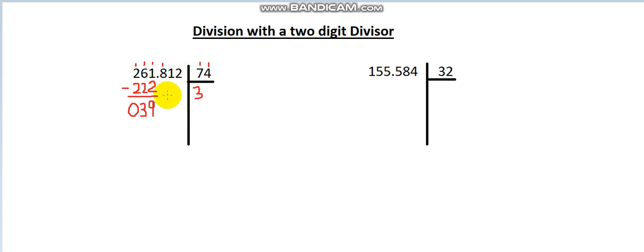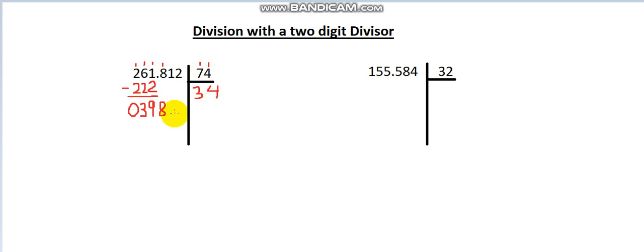I can pull down the next number, 8, and start again, asking how many times does 74 fit into 398? Or if I treat this as 80 and this as 390, how many times does 8 fit into 39? And the answer to that would be 4.